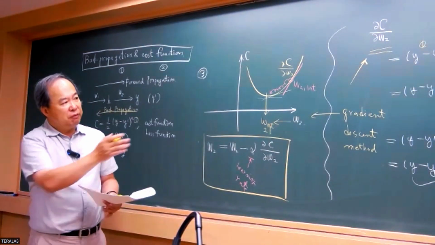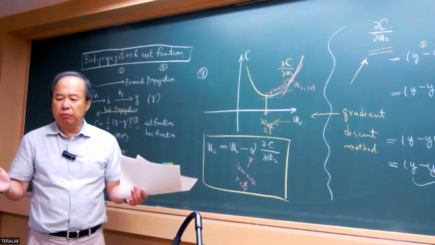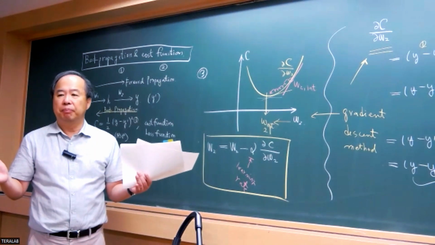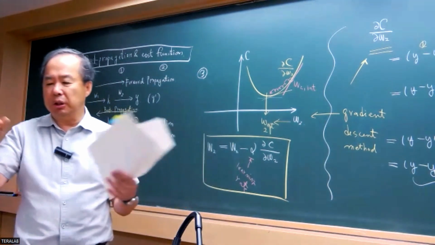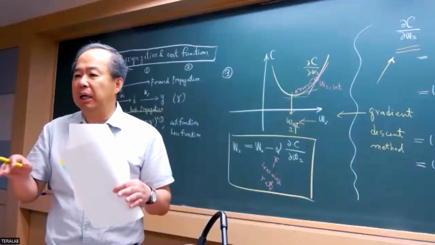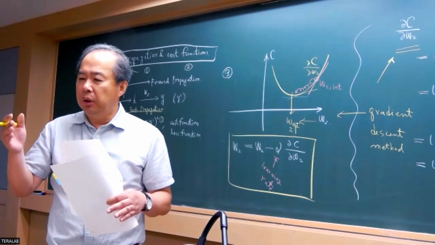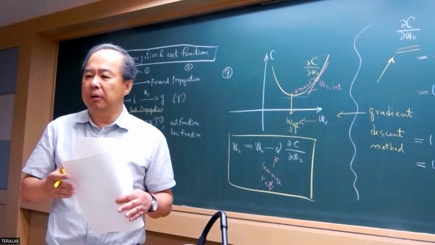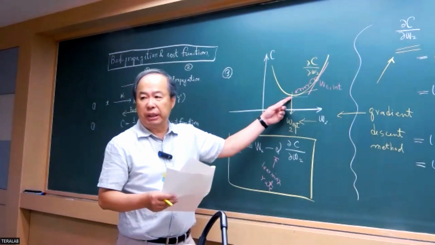Even though this is a stochastic representation, it will be true for the vector field as well. In a three-dimensional or n-dimensional field, if you want to reach a certain optimal point, you just move around and calculate the slope, and you change the W to make the cost function smaller and smaller.